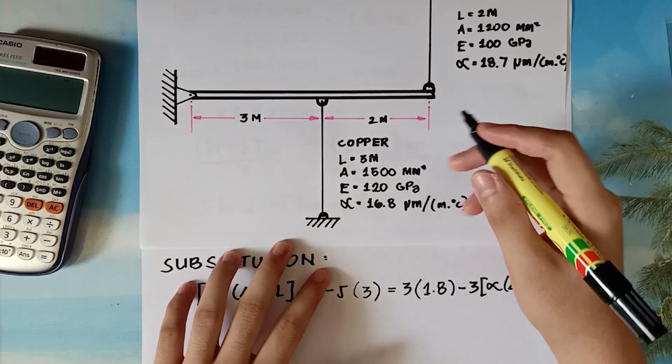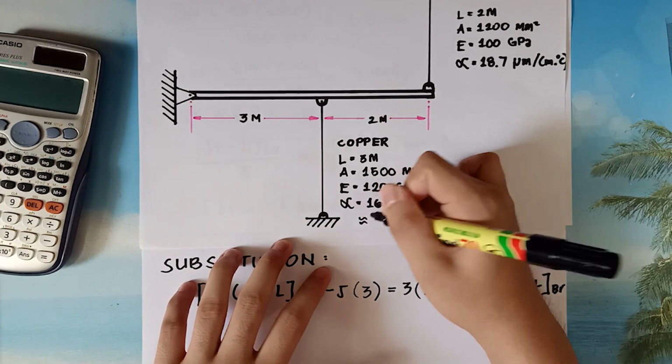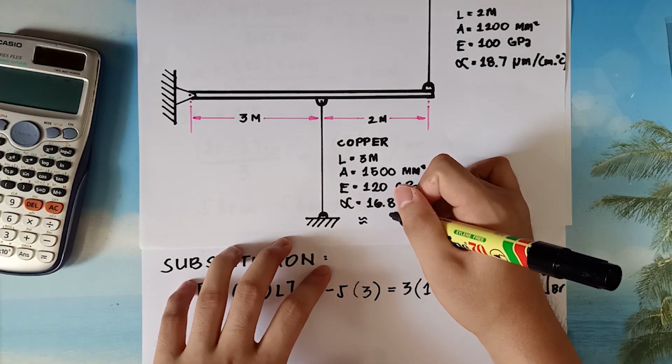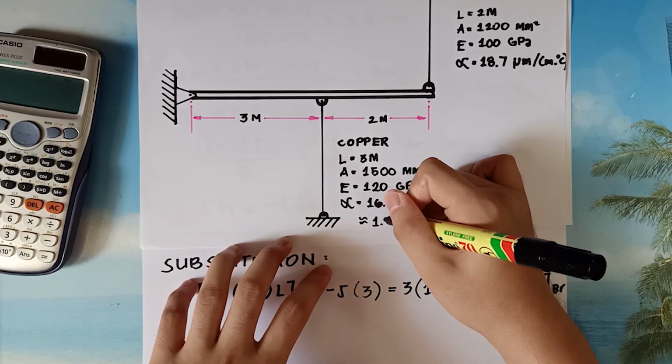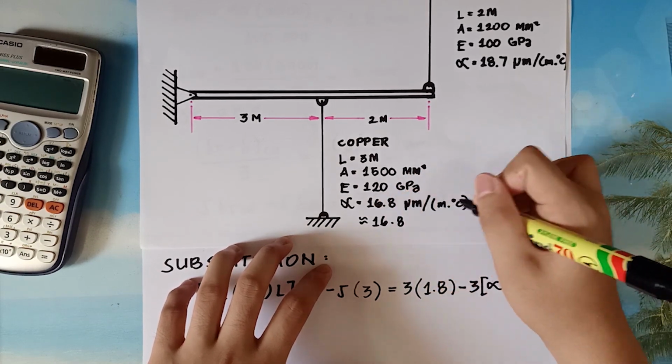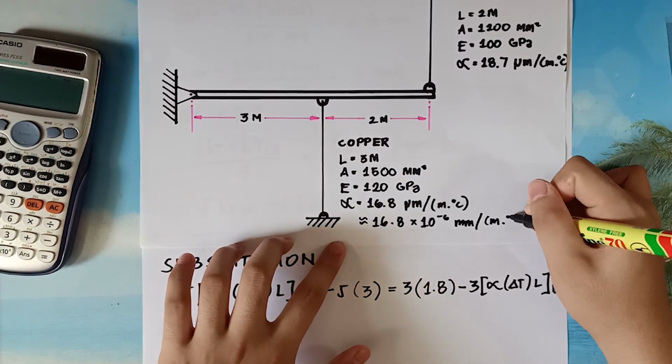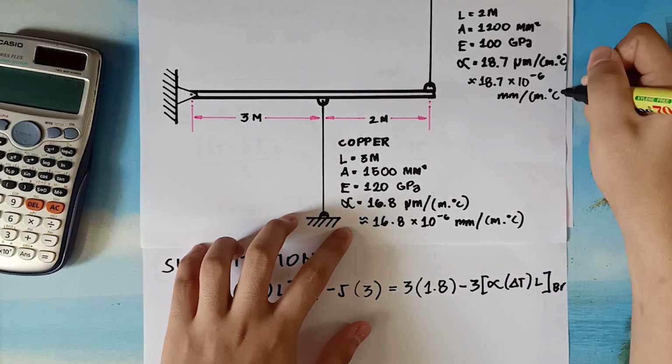We will be using millimeter as our metric unit for this problem. We are going to convert these alphas into millimeter because they are in micrometer.